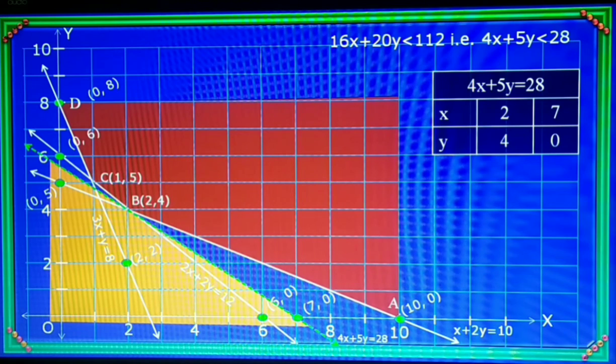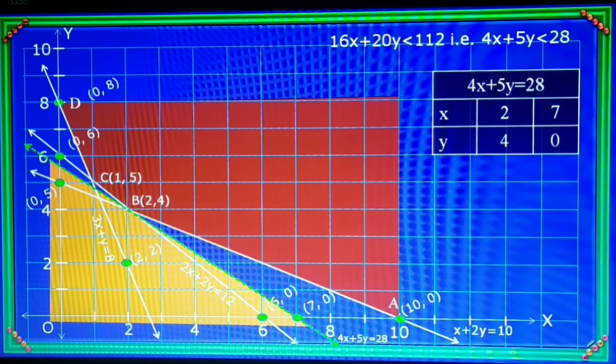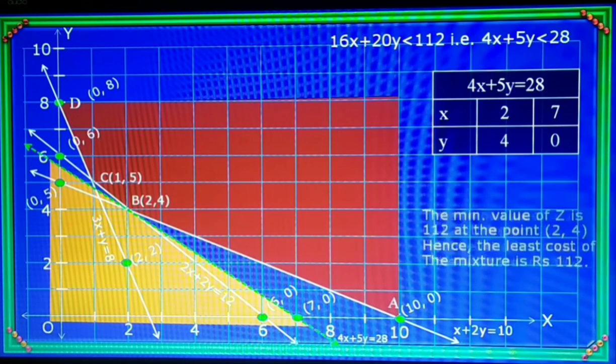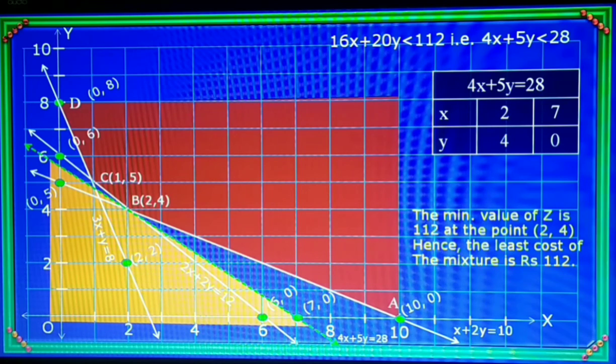The half plane 4x plus 5y is less than 28 has no common point in the feasible region. Therefore, the minimum value of Z is 112, at the point with coordinates 2, 4. Hence, the least cost of the mixture is rupees 100 per ton.